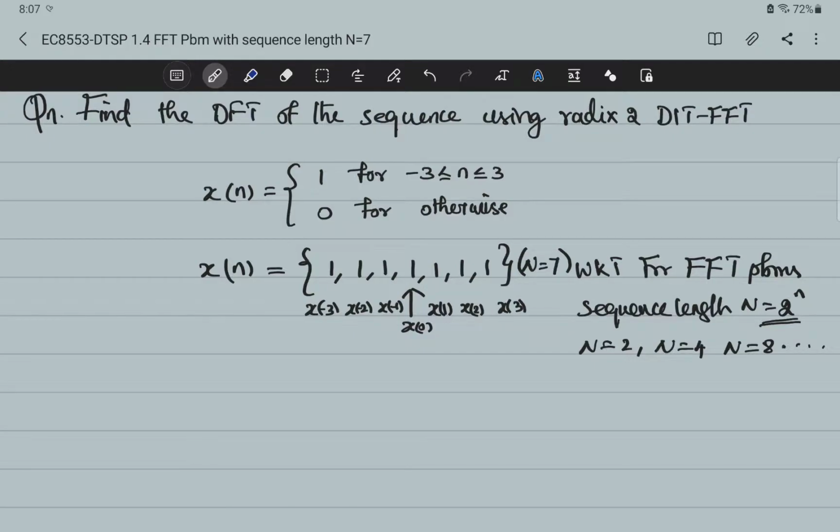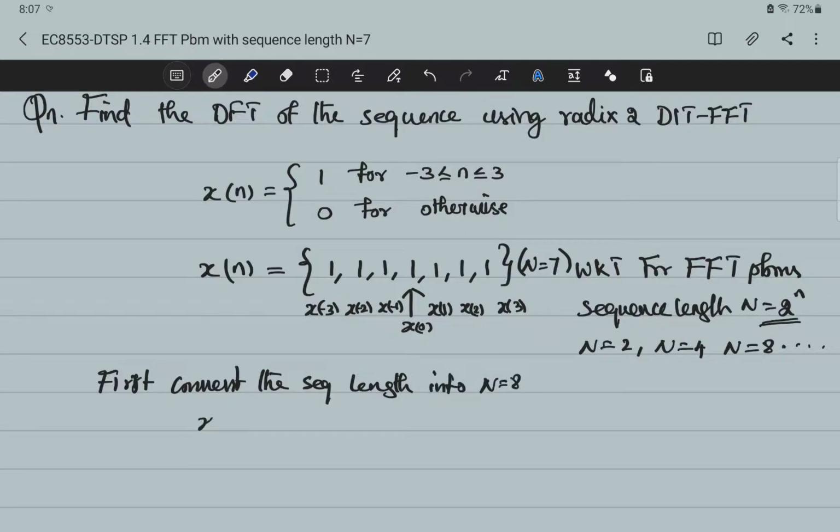So now what we have to do is convert the sequence length into N equal to 8.